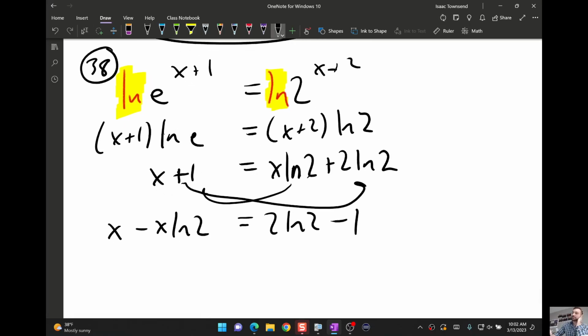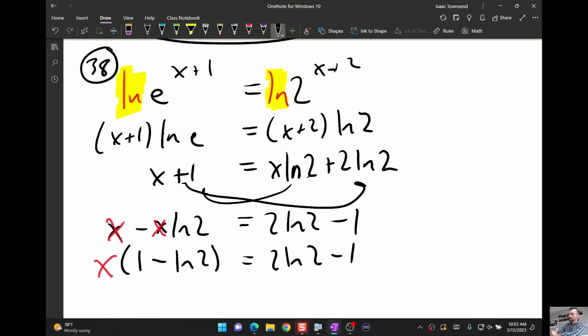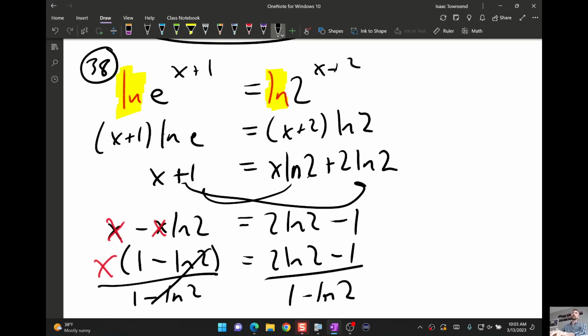I've got 1x minus however much natural log of 2x is, and even though I don't know what this is as a decimal, and I don't want to get into decimals until the final answer, the fact that both of these have an x means you can factor that out as a GCF, and then you can undo the multiplying with the dividing.